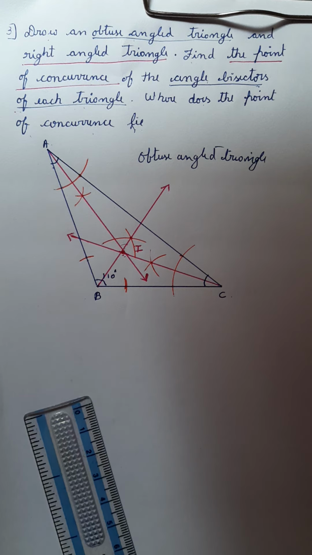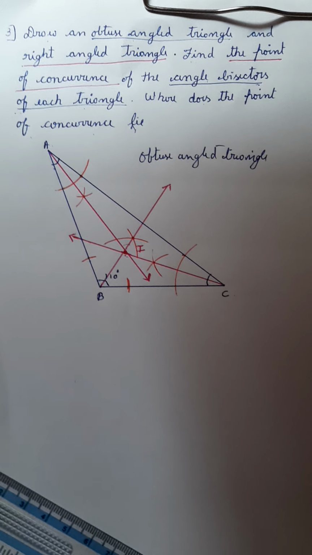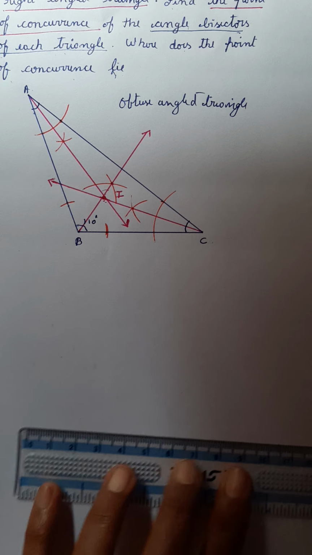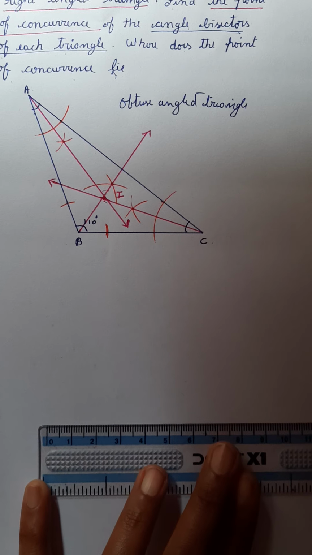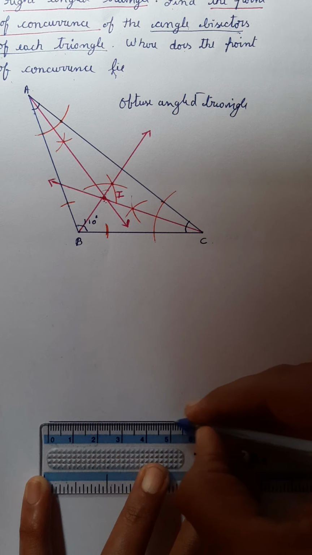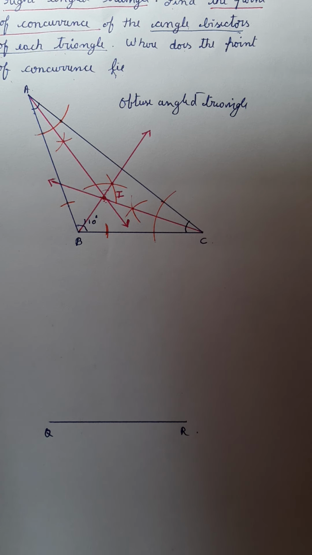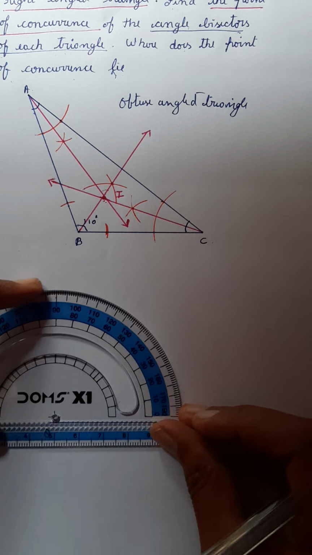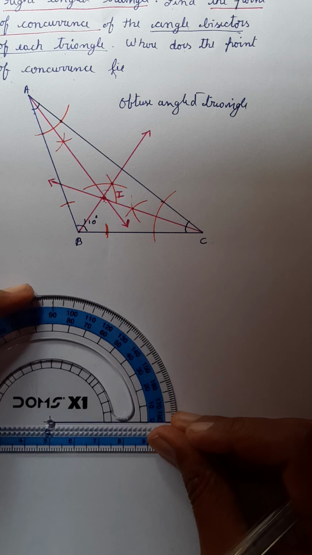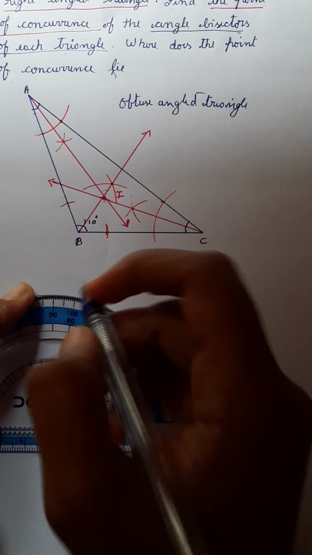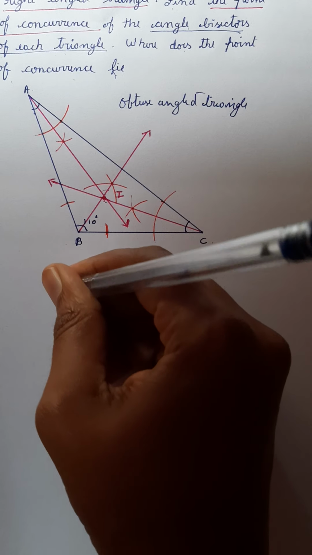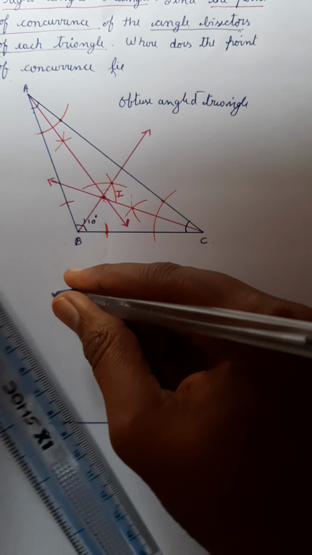This I will draw. I will draw one right angle triangle here. Take one base, mark it as QR. Next, keep the protractor. In a right angle triangle, one angle is 90 degrees. 90 degrees.